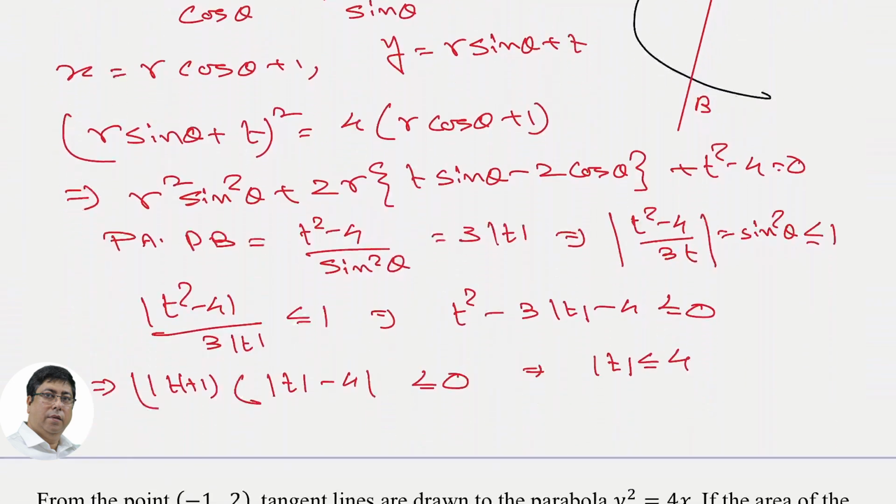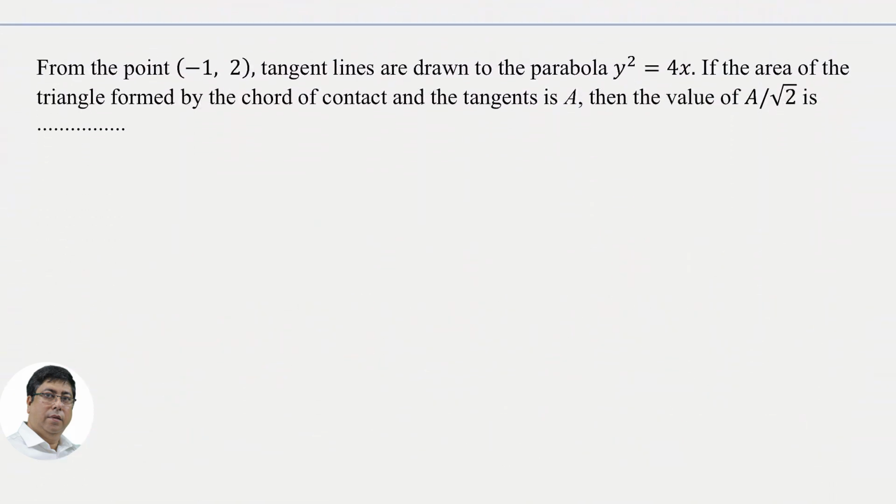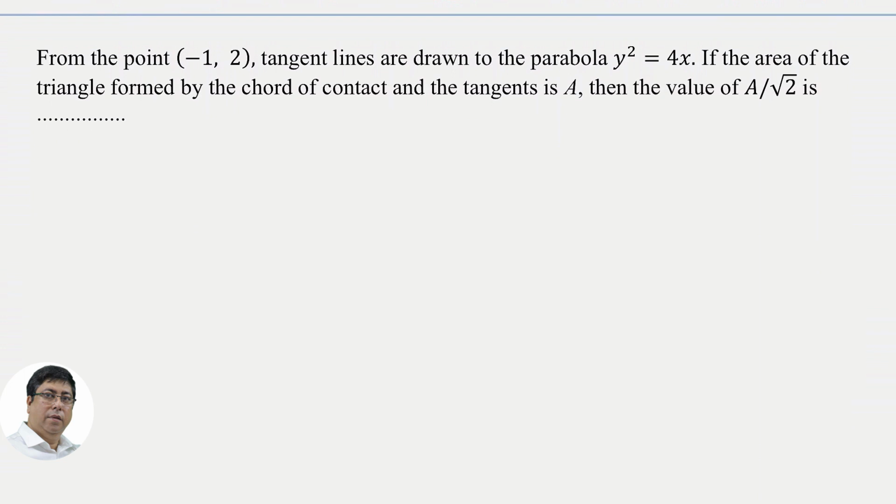Let's solve the next sum. From the point 1 comma minus 2, tangent lines are drawn to the parabola y square equal to 4x. If the area of the triangle formed by the chord of contact and the tangents is a, then what is the value of a by root 2?